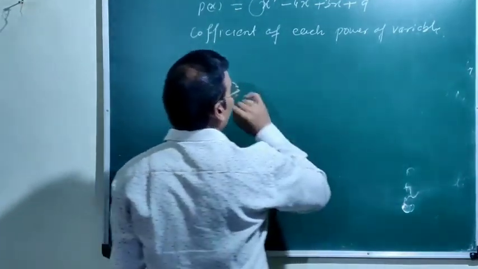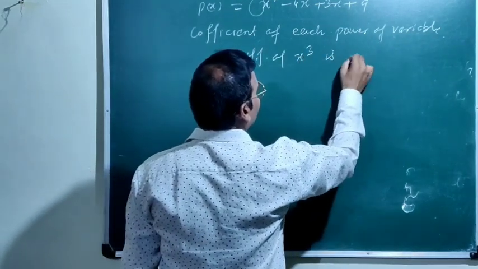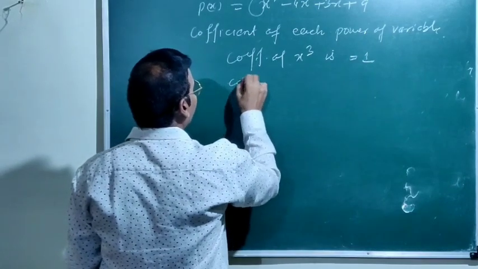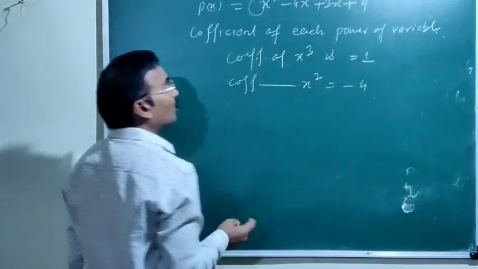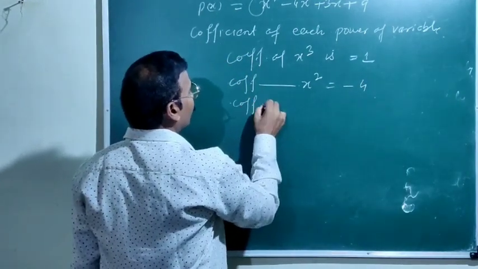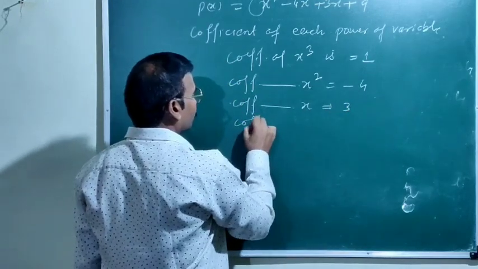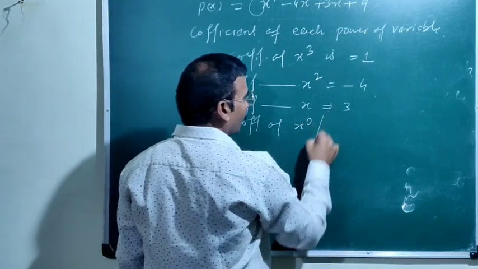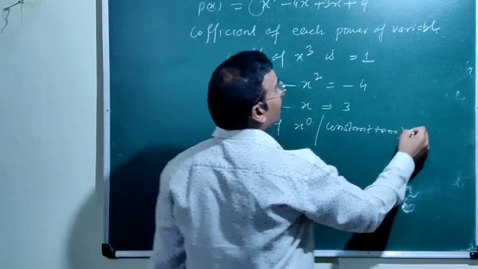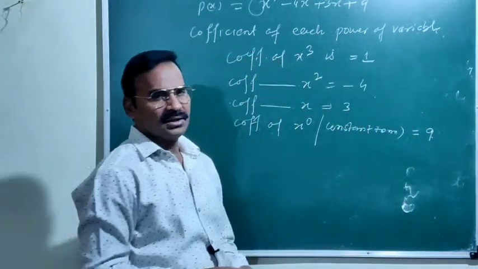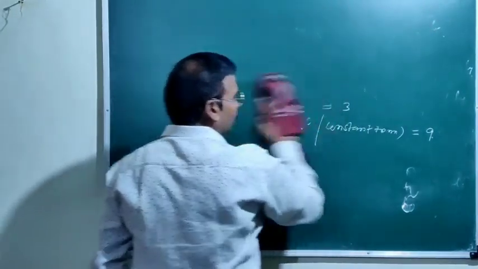Okay, it is 1. The coefficient of x square is minus 4. Which sign you have to take? Now the coefficient of x is 3, and the coefficient of x to the power 0, the constant term, is equal to 9. Okay, these are simple things, but this is very important to understand polynomials.